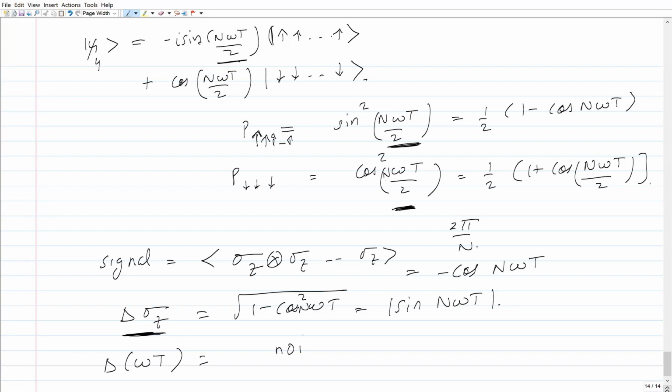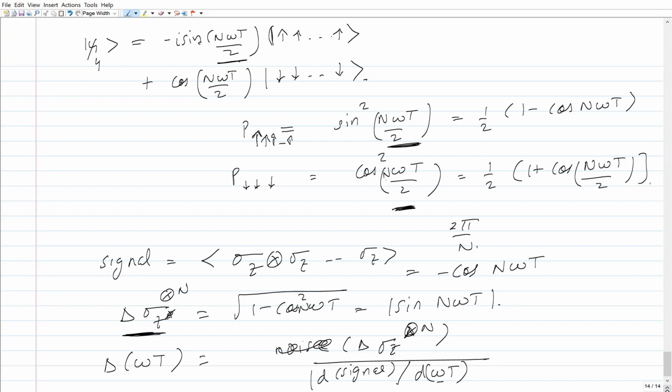I get the noise, which I'll write down as the variance of this collective operator, divided by the change of units, which is my D signal. This just changes my units from an estimation of sigma z to an estimation of omega. This was just a scaling factor I need to add. And what does it give me? It gives me a scaling of 1 over n.